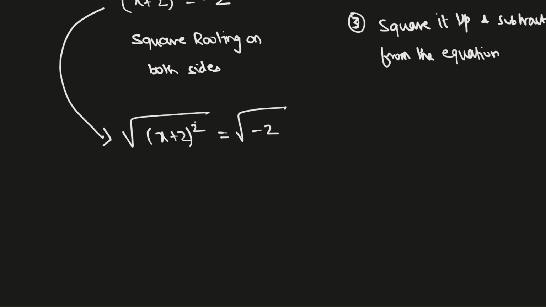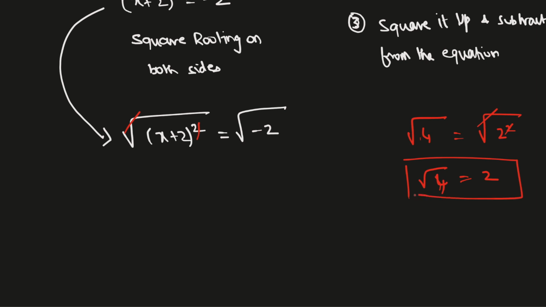So you can cancel the square and the square root. For example, what is the square root of 4? It means the square root of 2 square. You can cancel the square and the square root, and it becomes 2. We always know by heart that the square root of 4 is nothing but 2, but this is how it comes. These are the actual mathematical steps for it.